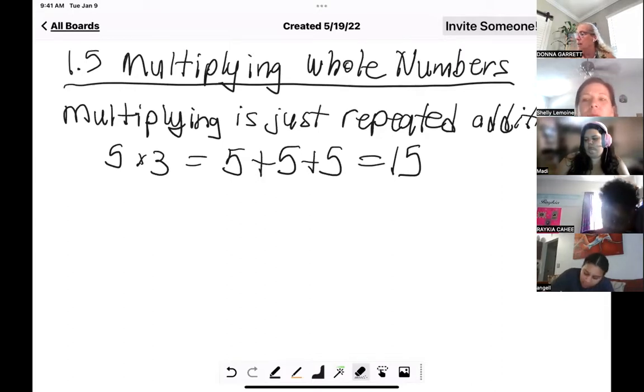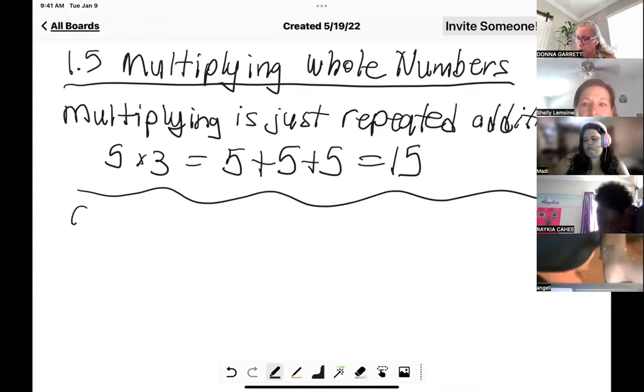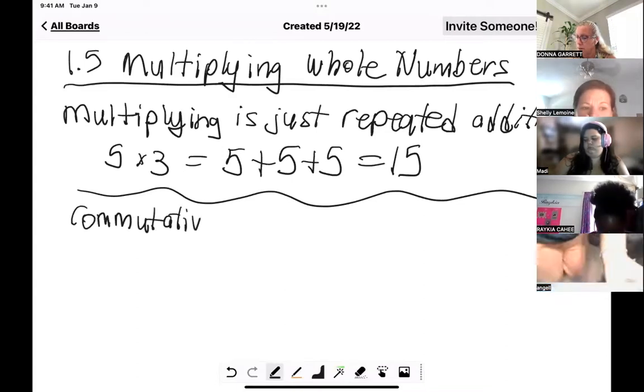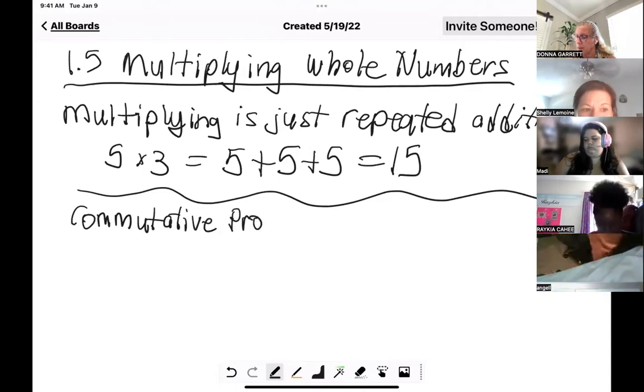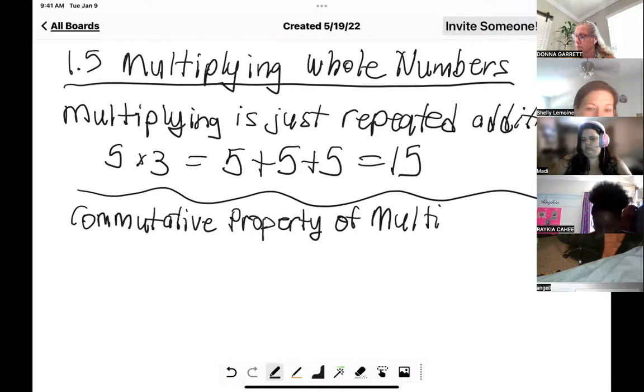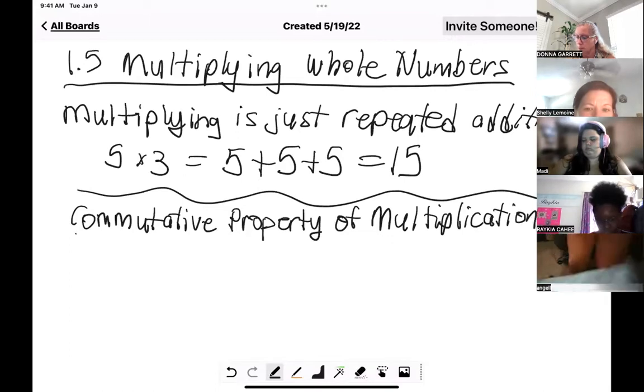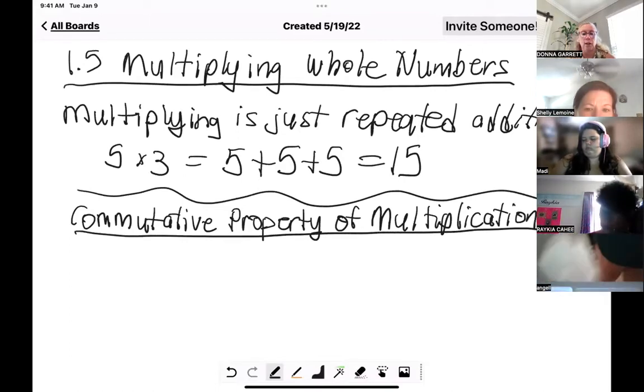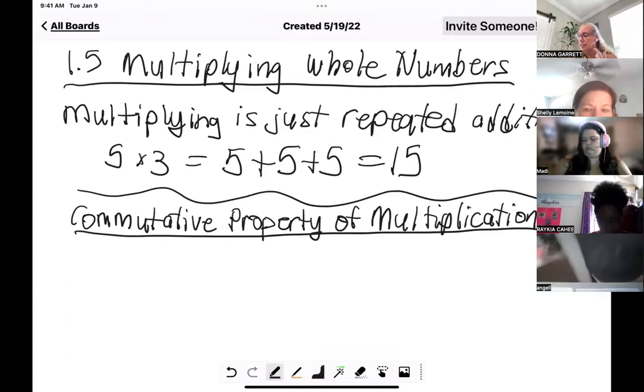Okay. Just like adding, there is also the commutative property of multiplication. And you probably use it more than you really think you do.